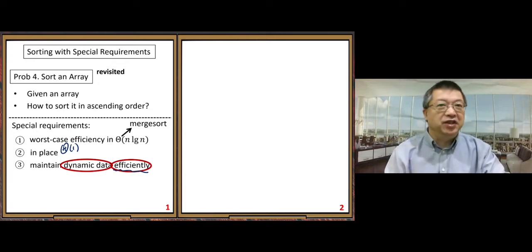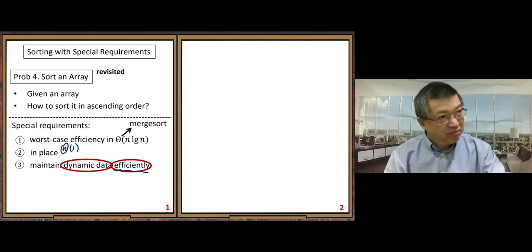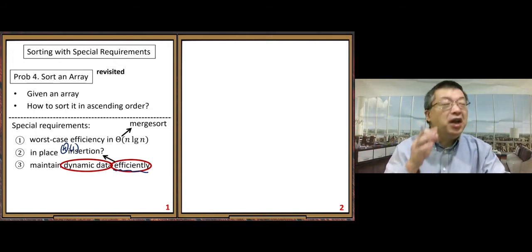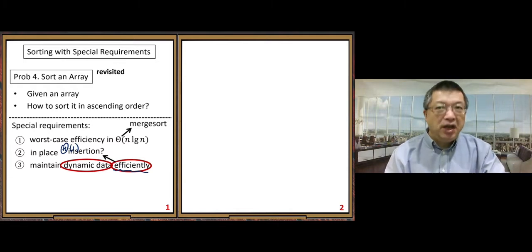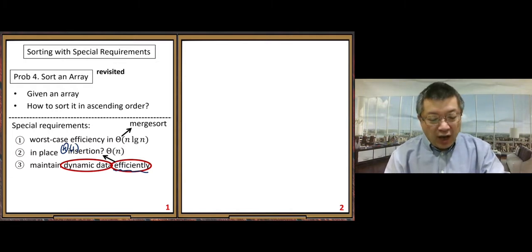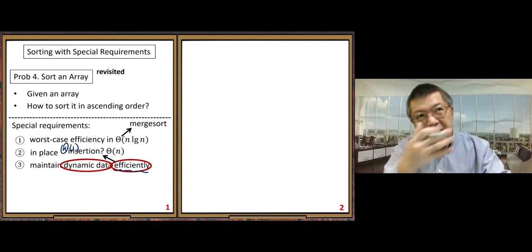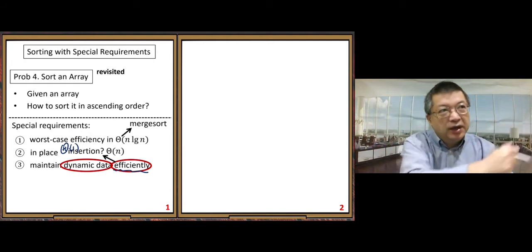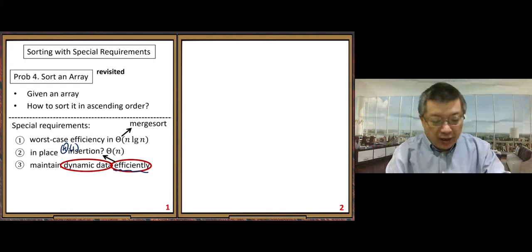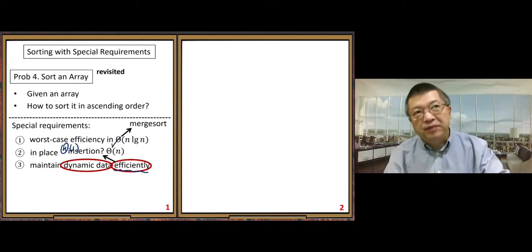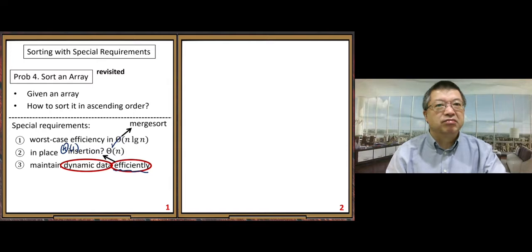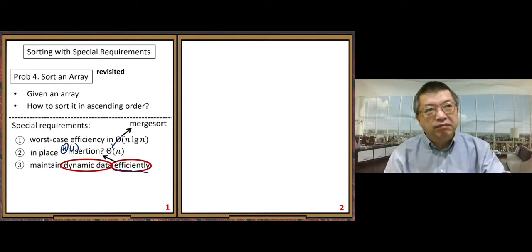What's the meaning of efficiently? How fast do you treat as efficient? Here we can use insertion sort to give us an idea. For insertion sort, every time you insert new data into the current ordered array, you need big theta of n cost. We do not treat that cost as efficient.